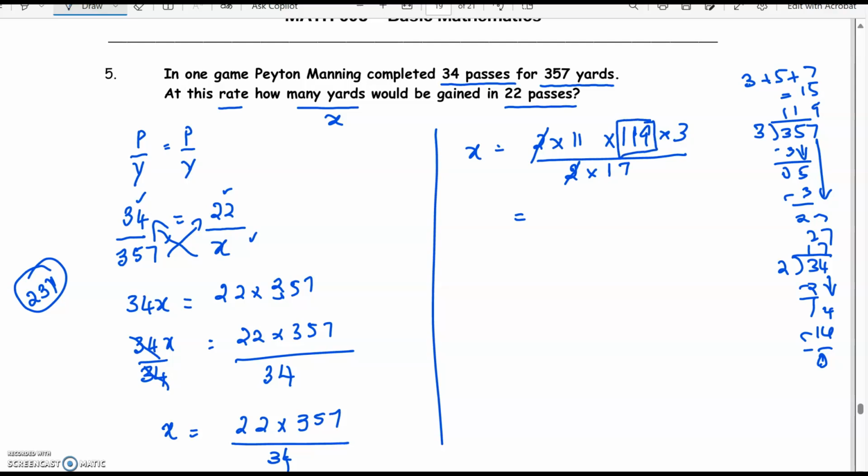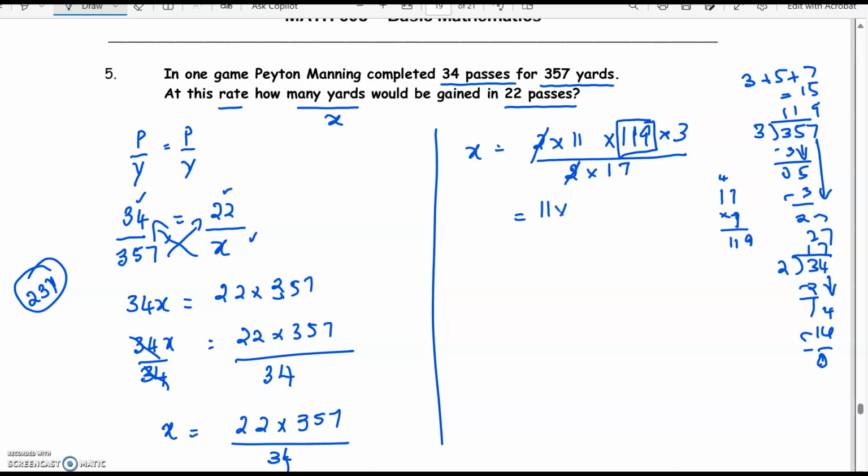We could give it a try to check if 17 goes into 119. If it does, that's great. So let's see, 17 times what would end with a 9? That's how I'm thinking. So the only number that I could multiply 17 with is a 7, so it ends with a 9. 7 sevens are 49, 4, 7 ones are 7 plus 4, 11.